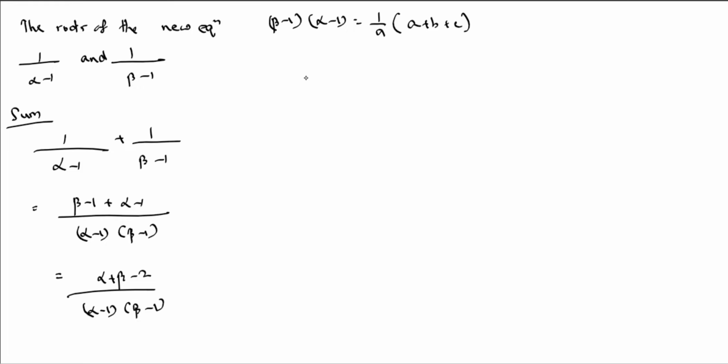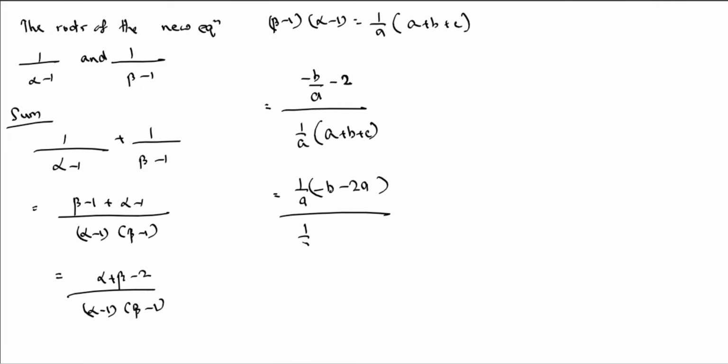So alpha plus beta is minus b over a, minus 2, divided by 1 over a plus b plus c. So this is minus b minus 2a, with 1 over a outside, over 1 over a plus b plus c. The 1 over a cancels off. You can take minus out if you want. So if I take minus out, it's minus (2a plus b)(a plus b plus c).